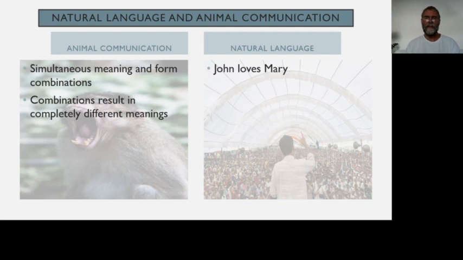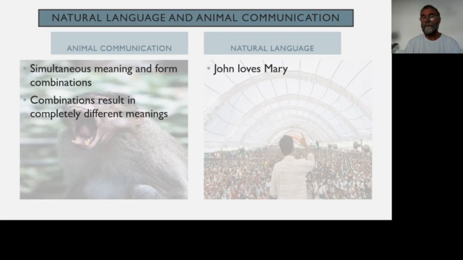So, for example, take a simple sentence of English, John loves Mary. Okay, this sentence has a meaning that is more than the combination of the meanings of the words. It doesn't mean John and love and Mary. That would be the bee dance way of looking at meaning, where you combine the two separate pieces of information into one additive meaning.